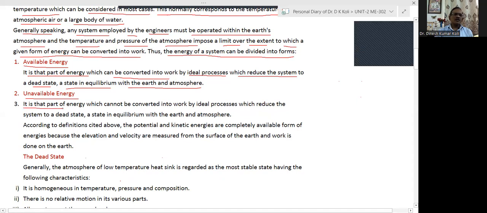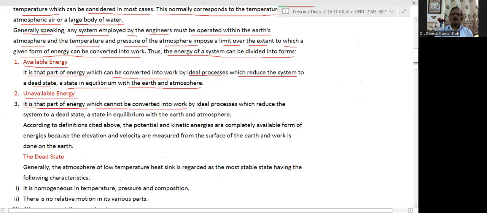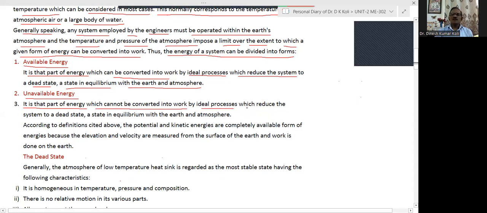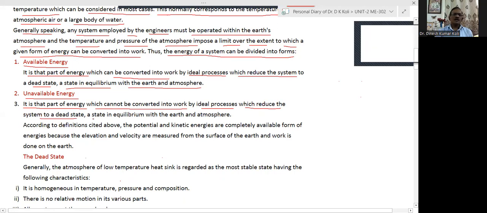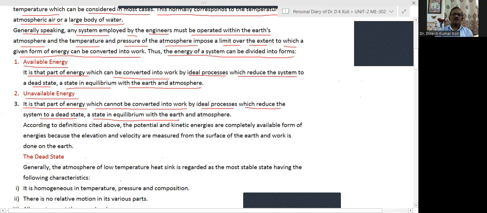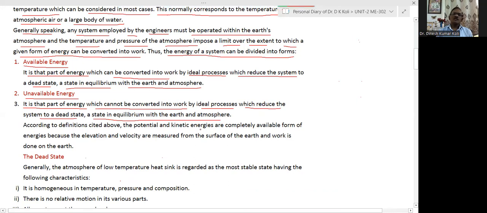It is that part of energy which cannot be converted into work by ideal processes which reduce the system to a dead state, a state in equilibrium with the earth and atmosphere. It means the part of energy which cannot be converted into work, even by ideal processes. We can apply different processes, but this energy cannot be converted into work. So this energy is called the unavailable energy.